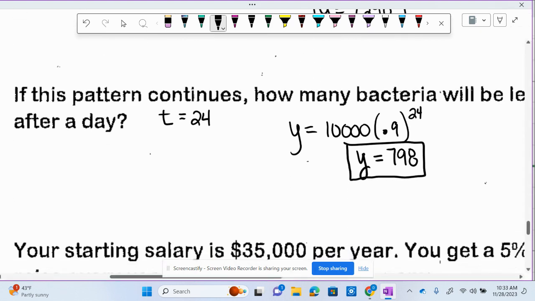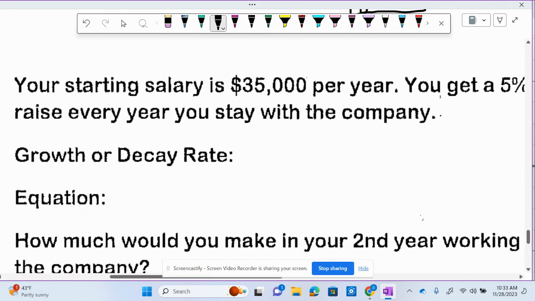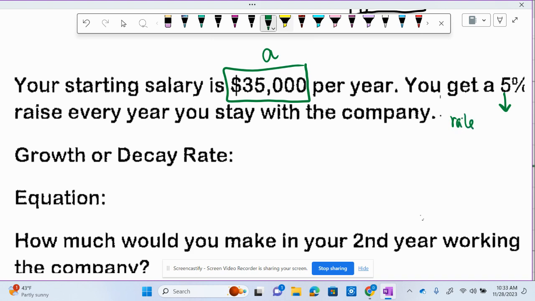798. Next one. Your starting salary is $35,000 per year. What does that represent? Your initial value, A. You get a 5% raise every year. How do we show 5% as a decimal? 0.05.